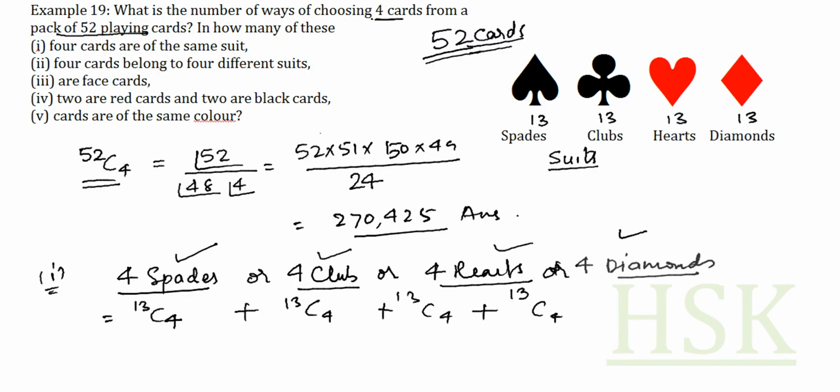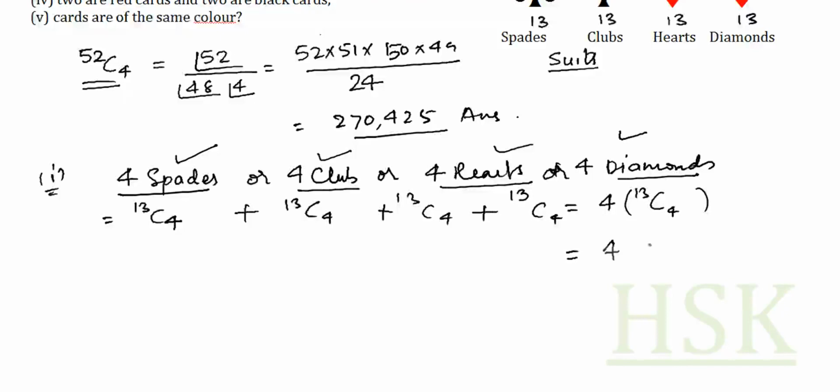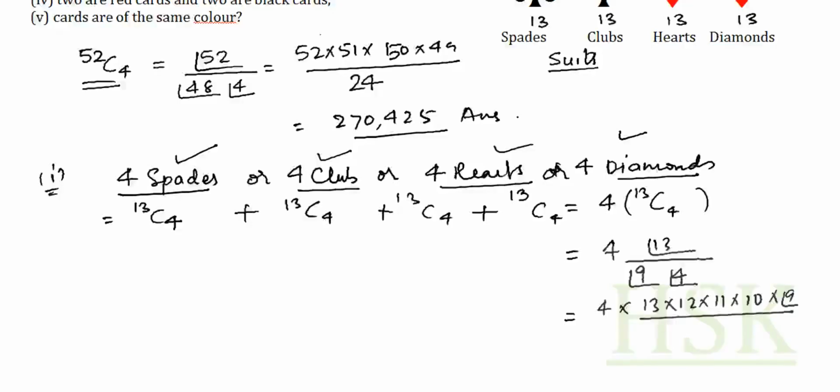Now we are going to quickly calculate the value of 13C4, because the total number of ways will be equal to 4 into 13C4. 13C4 is equal to 13 factorial upon 9 factorial into 4 factorial, so this gives 4 into 13 into 12 into 11 into 10 into 9 factorial upon 9 factorial into 4 factorial.